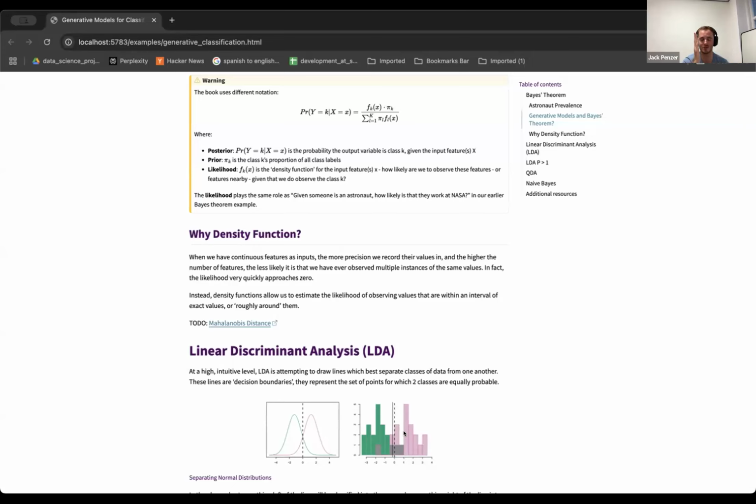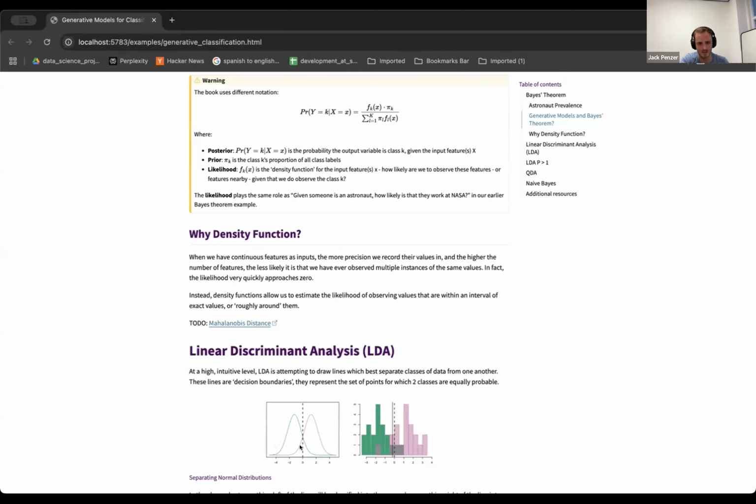And the idea is that you draw the line at the point where the two groups are equally likely. You can see in this normally distributed data, it's centered at 0, I'm pretty sure with standard deviation 1, but with different means. So the data is centered in different places for each one.